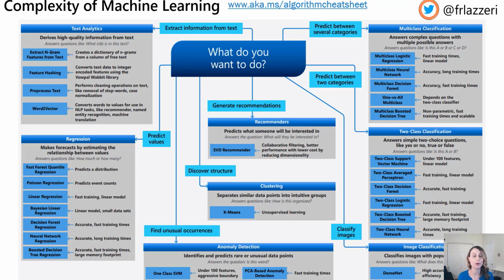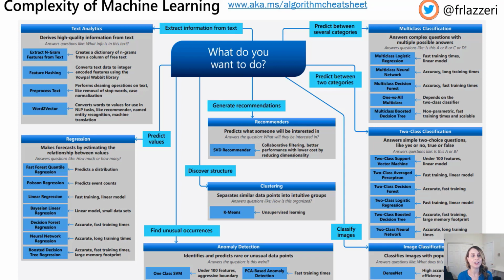This is, again, more like classification. In terms of classification, there is also a specific set of algorithms for classification of images. Then the recommender systems, discover structure, find unusual occurrences. This is anomaly detection.